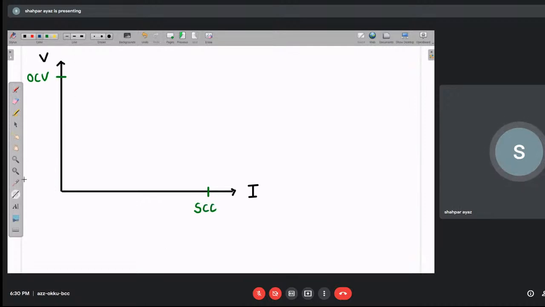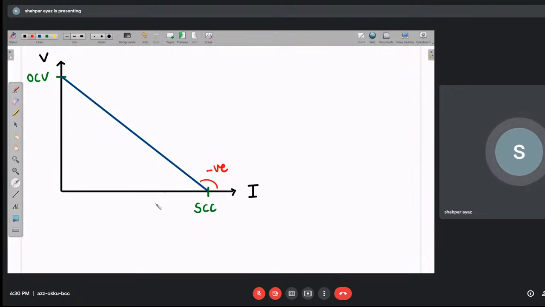If you join these two points, you will get a straight line, right? And its slope is negative. Remember that. Negative slope signifies, if you consider a point when the voltage is high, current is less. When current is high, voltage is less.